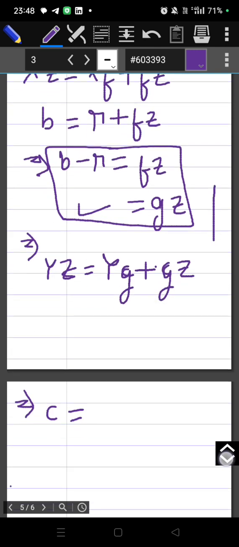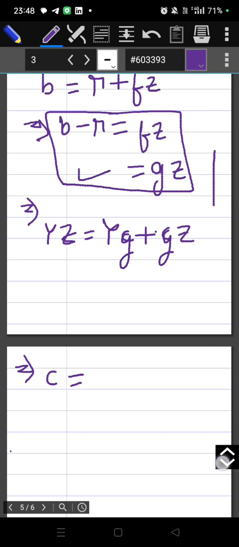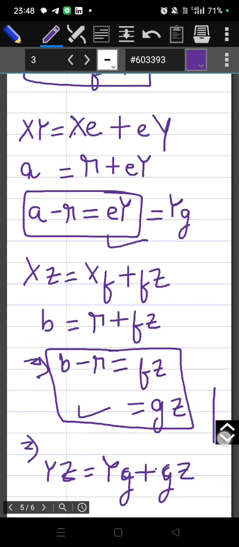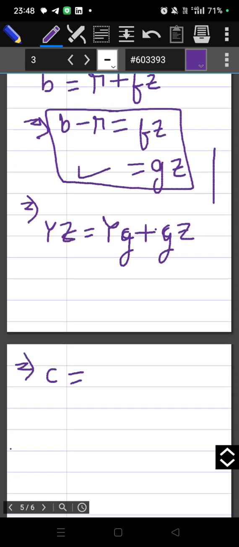Okay, so now what we found about YG is nothing but a minus r. So I will be writing a minus r plus, what is our GZ? It is b minus r.